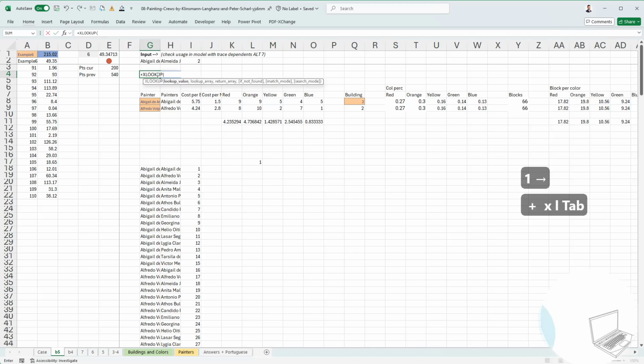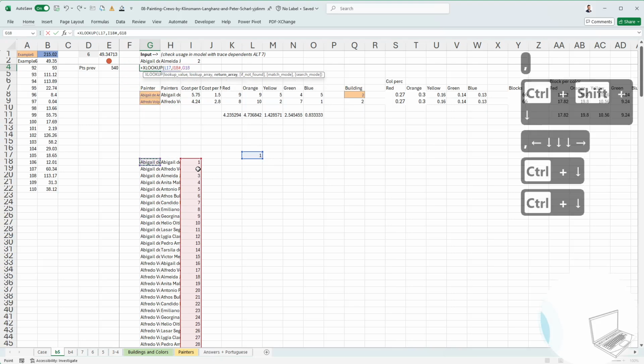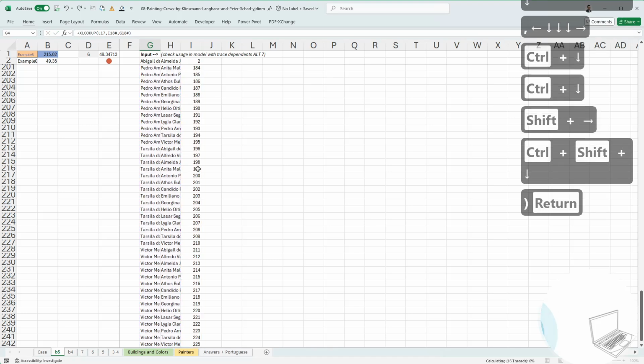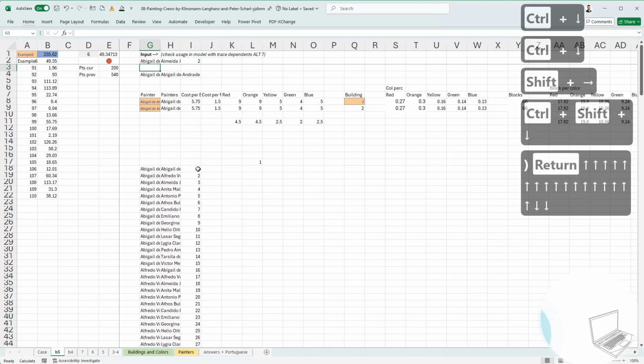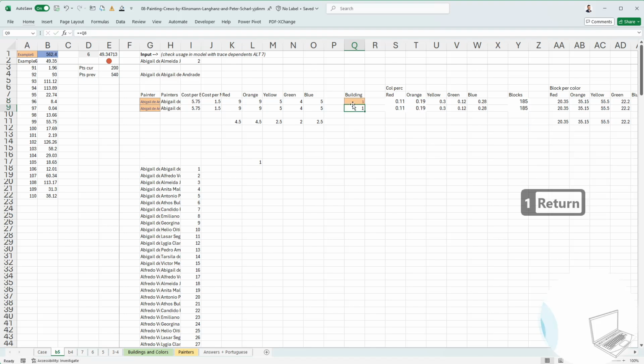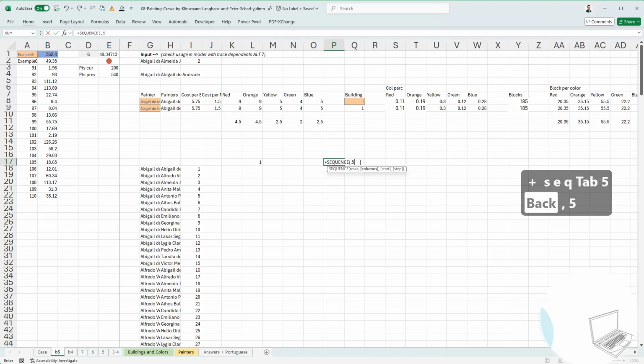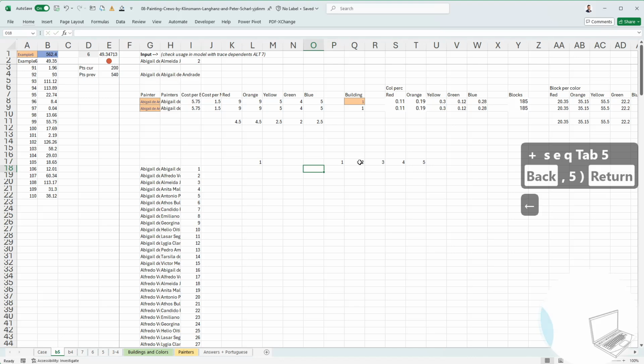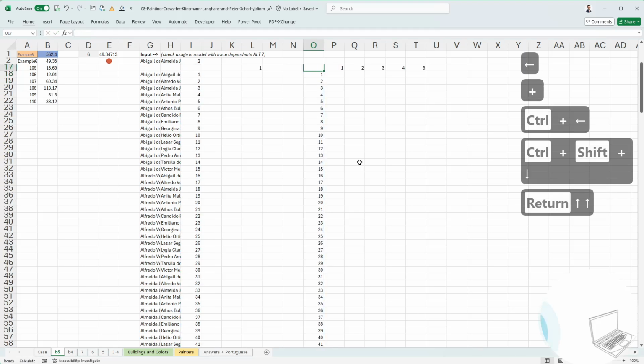So XLOOKUP this into this, returning this of all the 5 buildings. So sequence of 5. This.